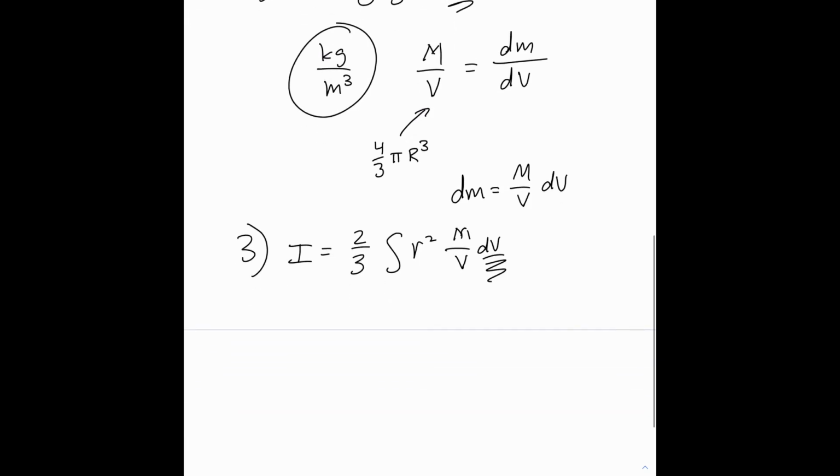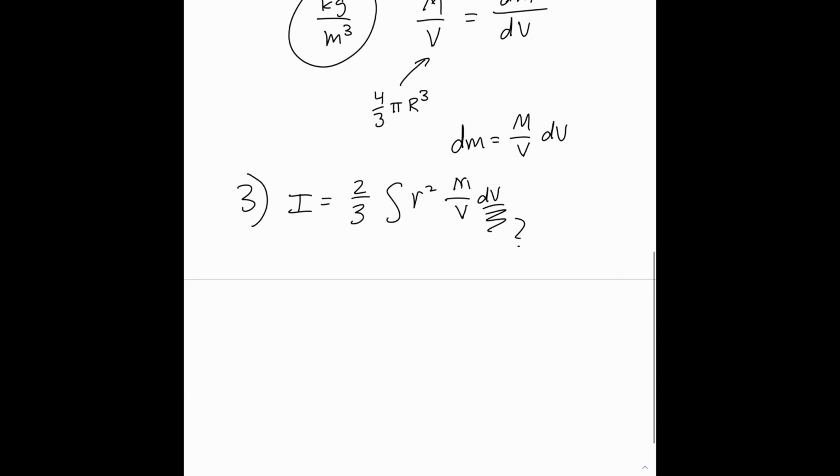What's dv? Well, if that's the inner wall of the spherical shell, and that's the distance to the outer wall, then I suppose the thickness of the spherical shell is something like dr. And there's an r number 1 and an r number 2. And as long as it's an infinitesimally small spherical shell, this dr approaches 0, yet is not exactly equal to 0.